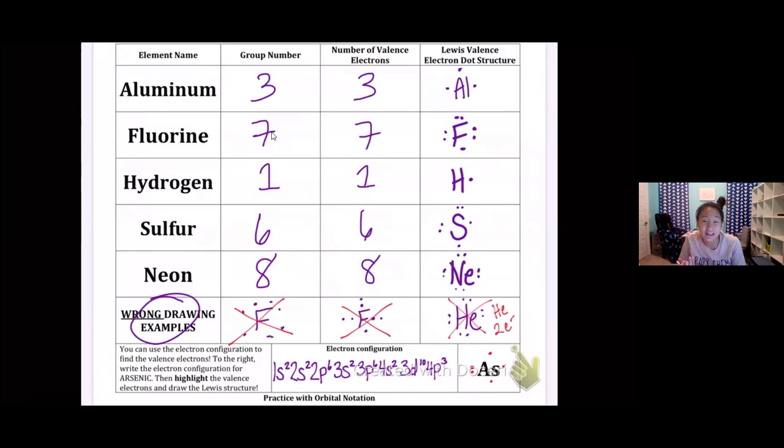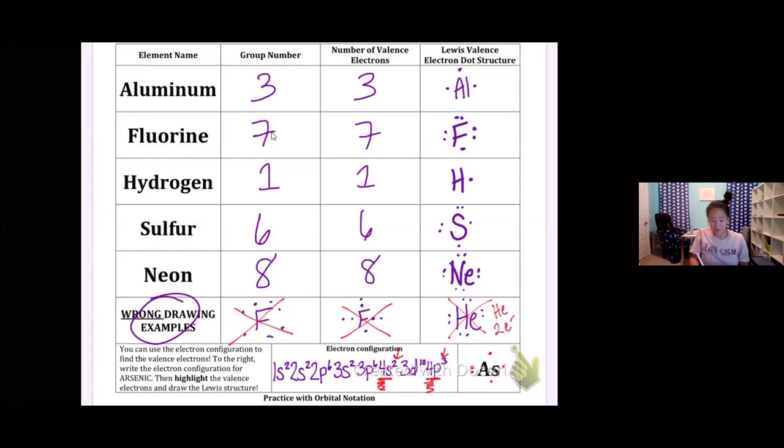Another way you can tell that it's 5 valence electrons is that you look for the highest energy number on your electron configuration. The highest number is this 4 and this 4. There's a 4 right here in 4s, and there's also a 4p. So you look at that, there's a 2 here and there's a 3 here.